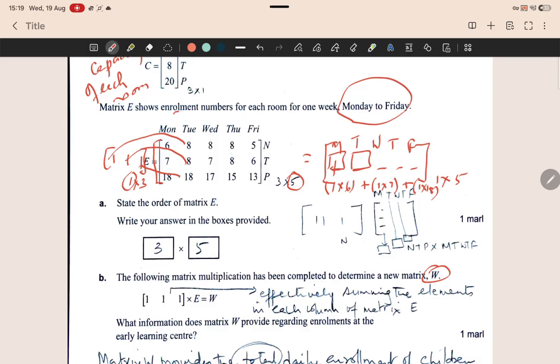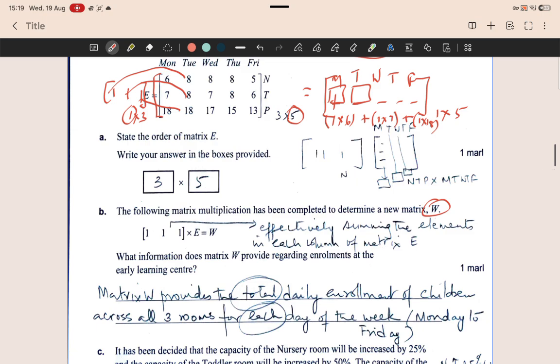So this question is asking you what information does matrix W provide regarding enrollments at the early learning center. Matrix W provides the total, because you're summing, the total daily enrollment of children across all 3 rooms for each day of the week, Monday to Friday.